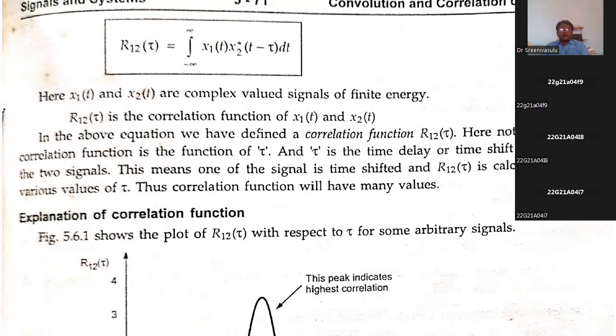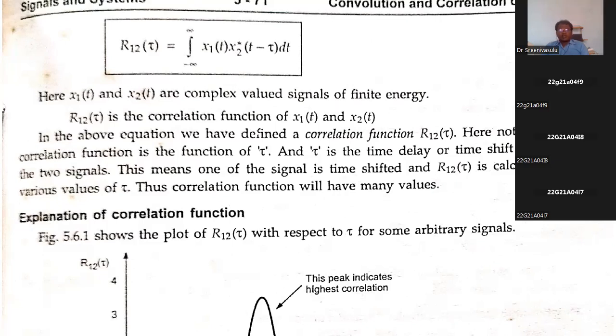So in the formula also, you observe here integral minus infinity to infinity x1 of t, x2 of t minus tau dt, complex conjugate. So there R12 of tau or Rxy of tau, there the formula is expected value of x of t into y of t plus tau.